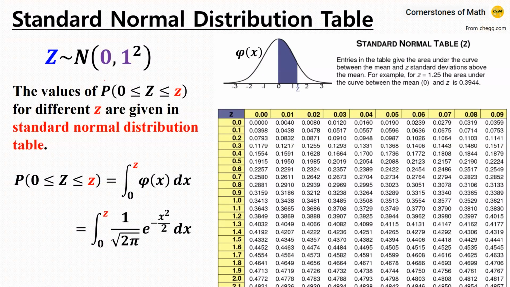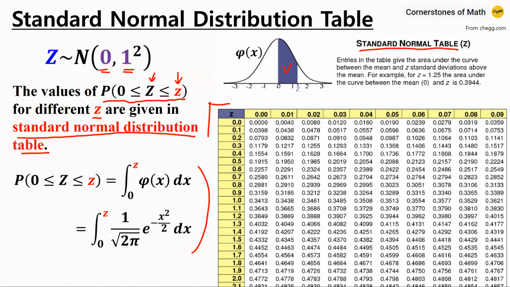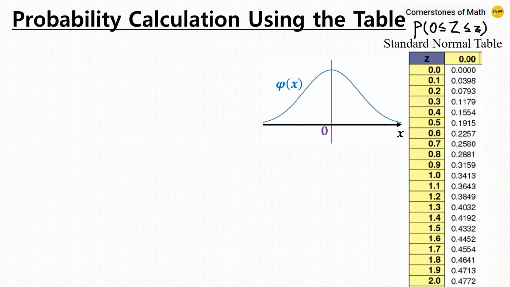And since this standard normal distribution has specific constant values of mean and standard deviation, we can actually calculate the values of the probability of random variable Z having values greater than or equal to 0 and less than or equal to small z for many different values of small z, which is this integral and also equivalent to this area, and create a table of these values called the standard normal distribution table, or sometimes standard normal table. Using this table, we can compute the probabilities related to the standard normal distribution easily.